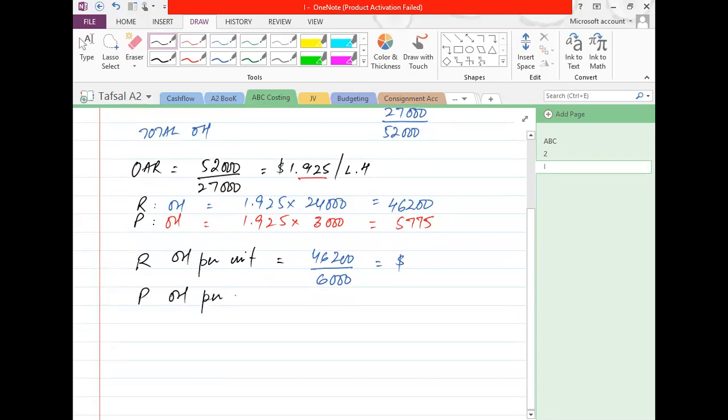Premier overhead per unit is 5775 over 600. जी, the answer is ऊपर वाले का dollar और नीचे वाले का dollar 9. They are per unit.